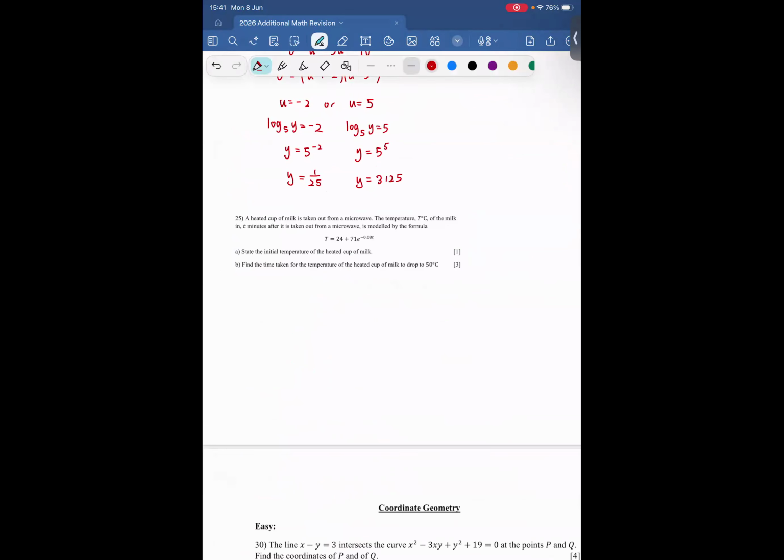State the initial temperature. So initial temperature means what? You must understand from the equation that big T stands for the temperature, small t stands for the time.